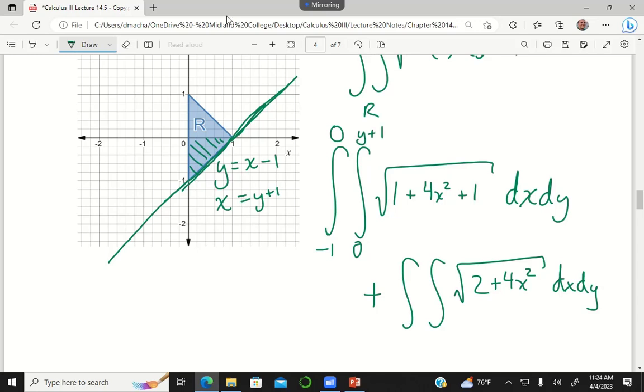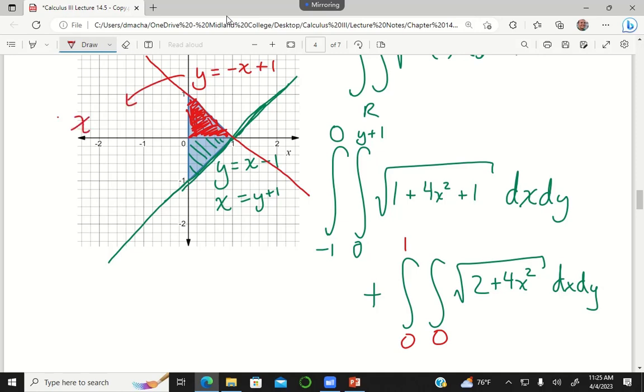OK, what about the upper part of this region R in red? Again, for that red part of the region, y can be anywhere from 0 to +1, and x can be anywhere from 0 to, let's figure out the formula for this line. The formula for that line is y equals -x plus 1.